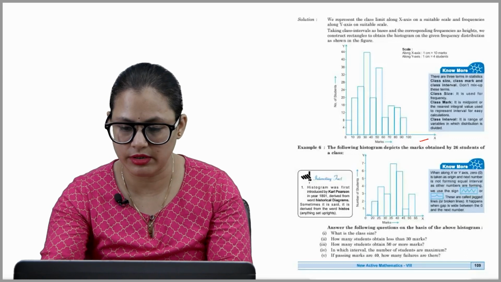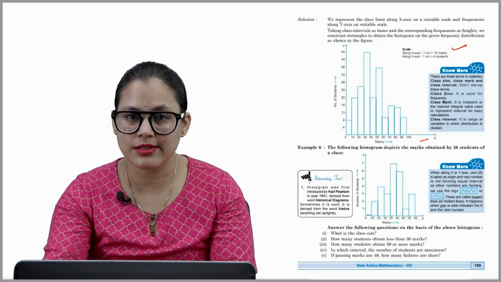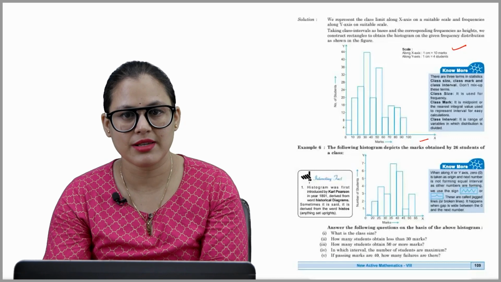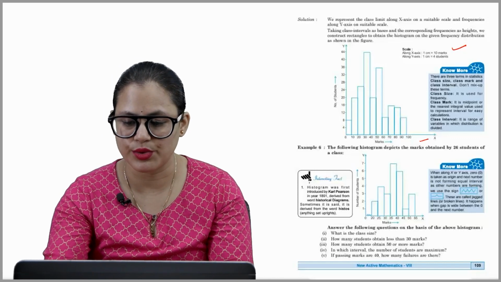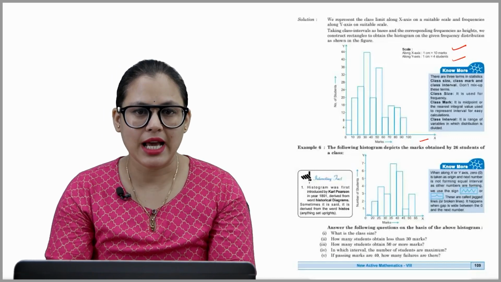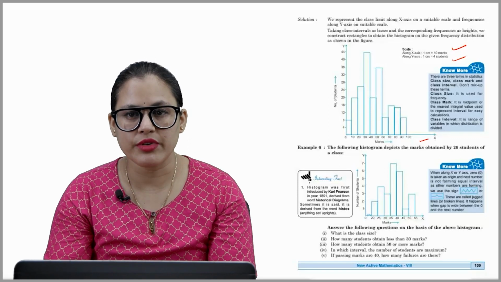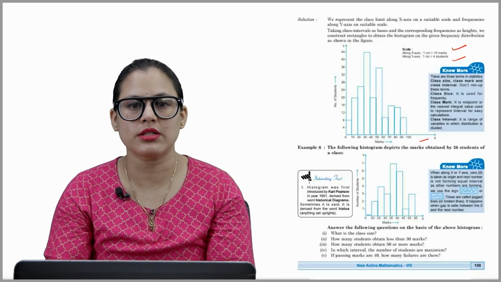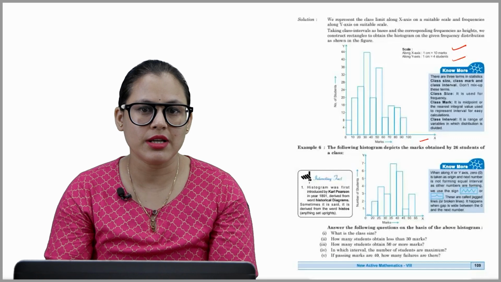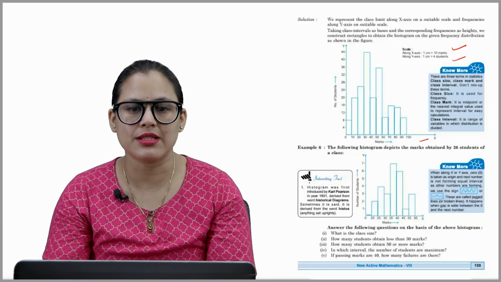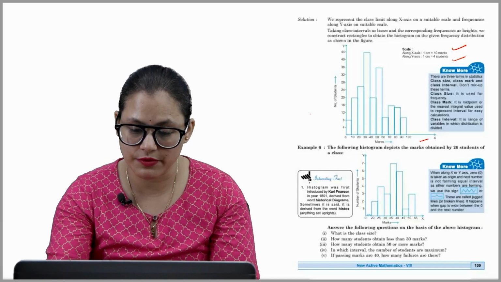The scale is given here: on the x-axis 1 centimeter equals 10 marks and on the y-axis 1 centimeter equals 4 students. Taking class intervals as base and the corresponding frequencies as heights, we construct rectangles to obtain the histogram of the given frequency distribution as shown in this figure.